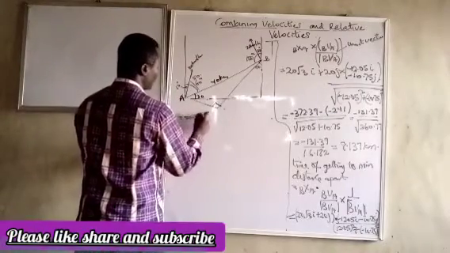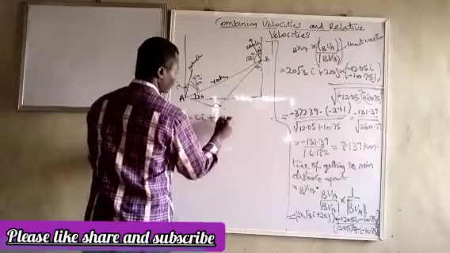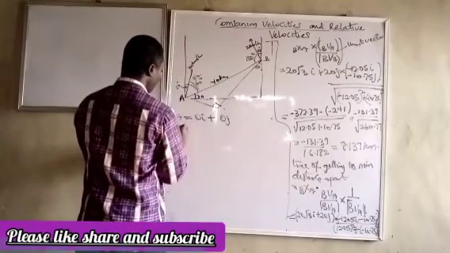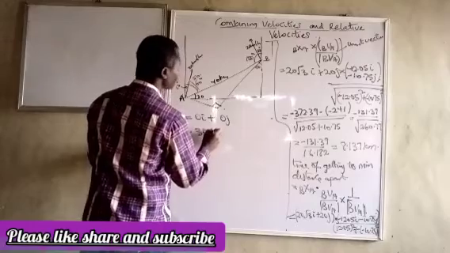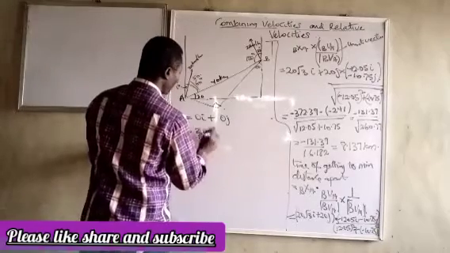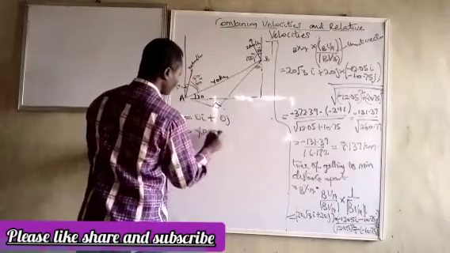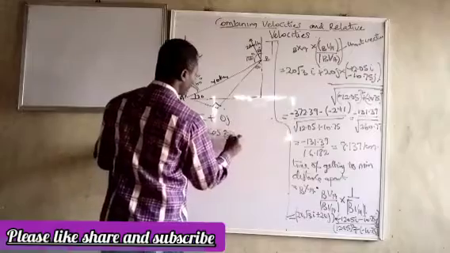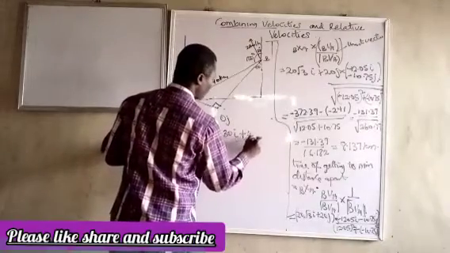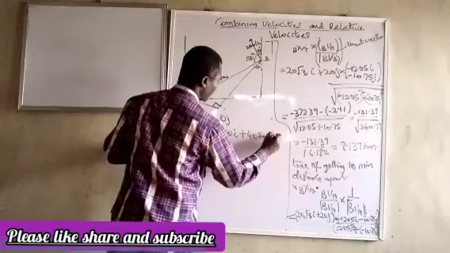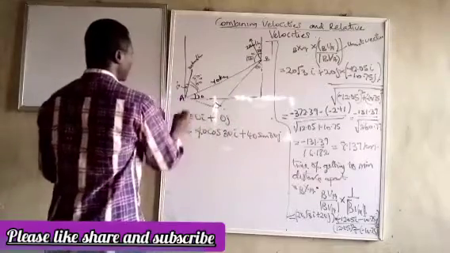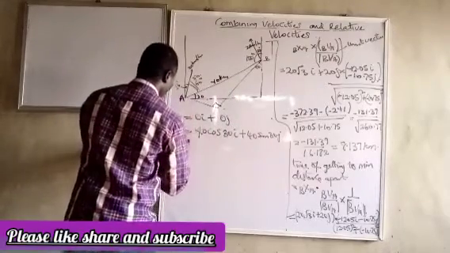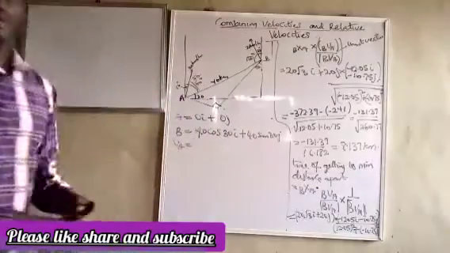We said it's O. For B, we said it was 40 cos 30 i plus 40 sin 30 j. So, velocity of A.